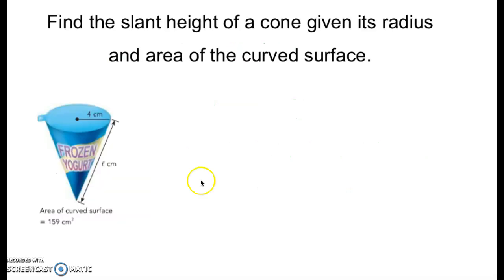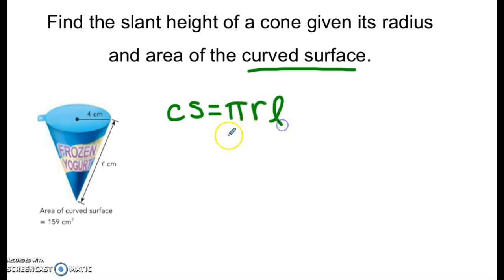And our last example. Find the slant height of a cone given its radius and area of the curved surface. So we're just given curved surface, so we're just going to use the curved surface part of the formula, which is pi times the radius times the slant height.